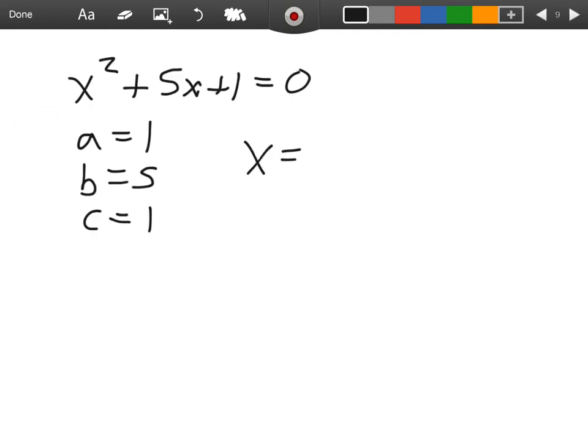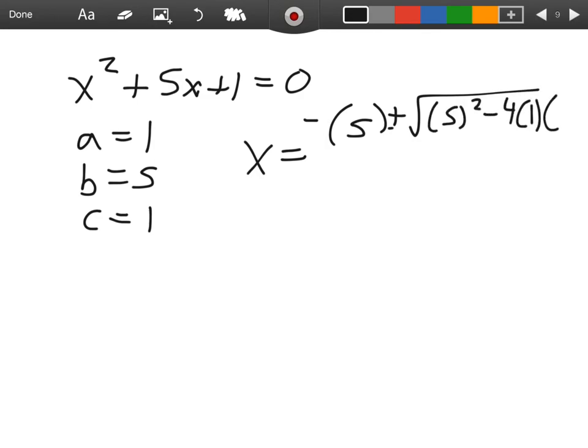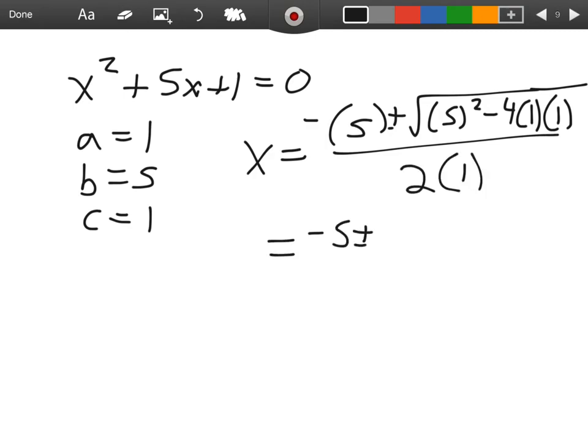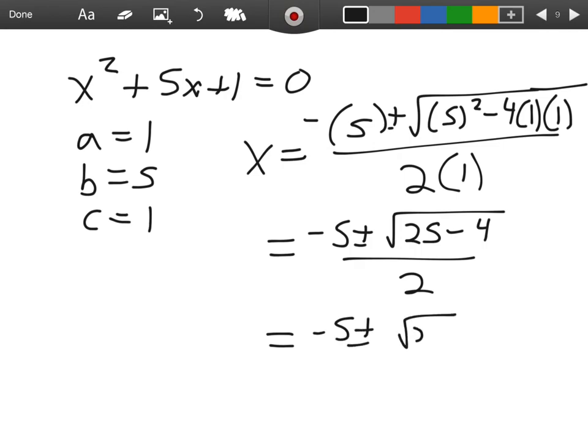For example, negative B plus or minus the square root of B squared minus 4 times A times C, all over 2 times A, which is 1. So that's going to give me negative 5 plus or minus the square root of 25 minus 4 all over 2, which is negative 5 plus or minus the square root of 21 over 2.